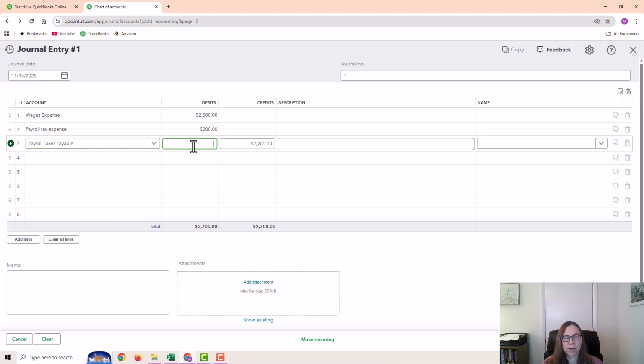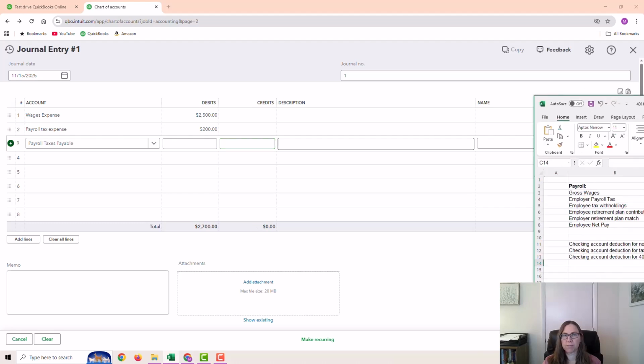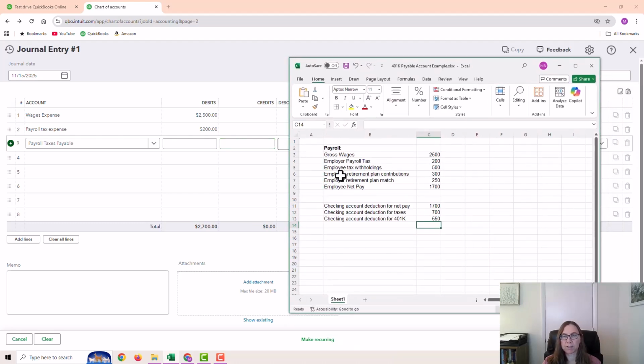Okay, so this is payroll taxes payable, and this is going to be a credit. Okay, so first of all, we've got two payroll tax payable amounts here. You can combine it or you can separate it. I'm going to separate it onto two lines just so I can be clear and write descriptions.